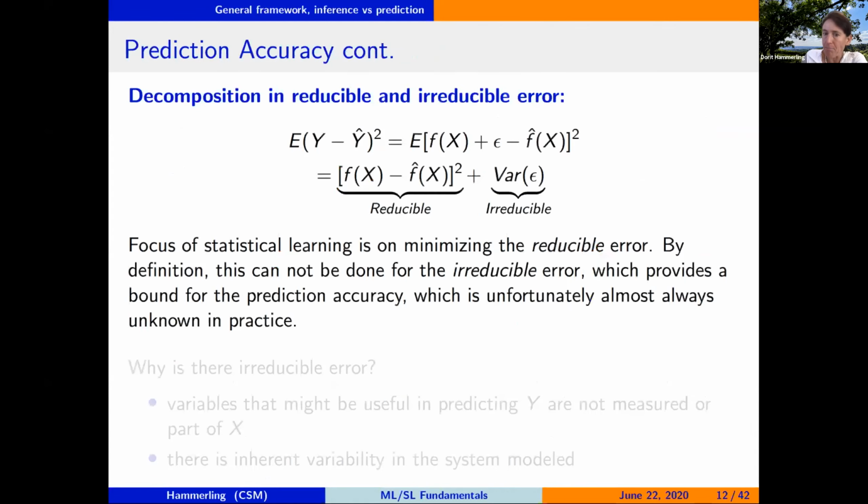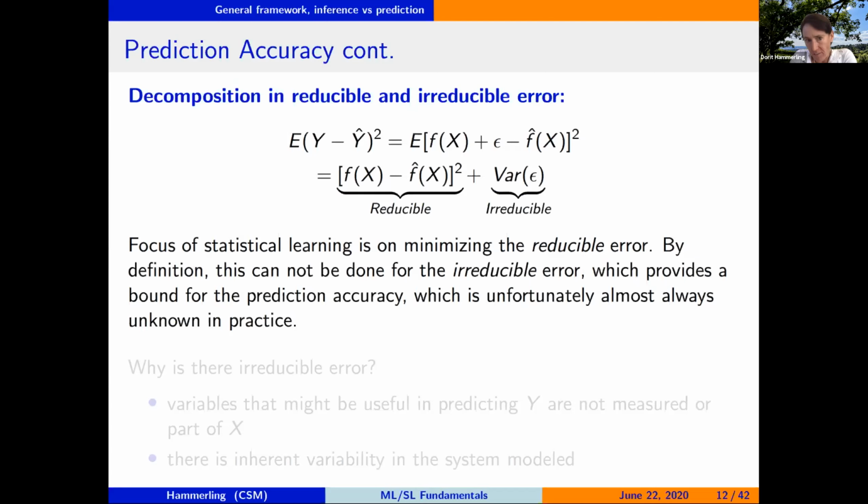And keeping that in mind is very important, because you don't want to spend a lot of time trying to chase something, and that's where we get into the regime of potentially overfitting, where we start fitting to noise. So having that framework in mind, that there is a part of the error that we can reduce and a part that really forms an upper bound of how well we can do, is important here.